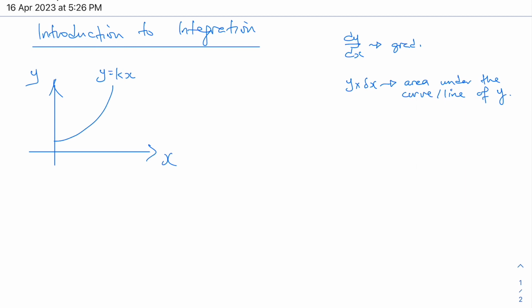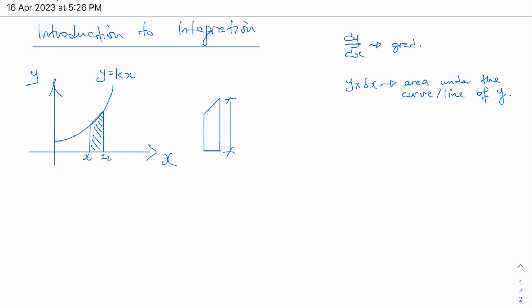So I have with me a graph of y equals kx. So if I want to calculate the area, let's just say I want to calculate the area under this graph from x equals 1 to x equals 2. Now this area, if I may zoom in, is likened to the value of y.